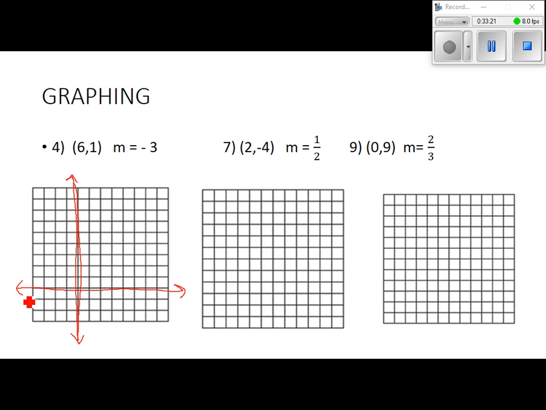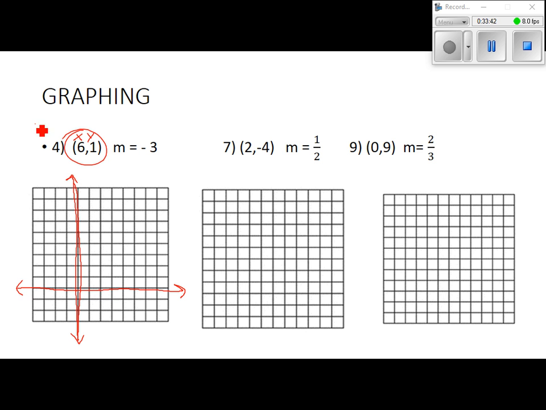Now what are we going to do? How are we going to graph this line? What do we do to graph this point right here? Be careful now, this is where a lot of you mess up once you got into slope. This is your x, that's your y. What does the x tell you to do? Go right or left? Go to the right 6.